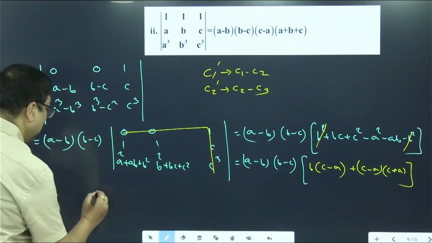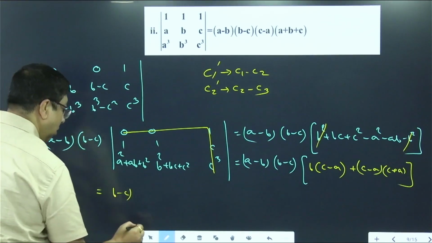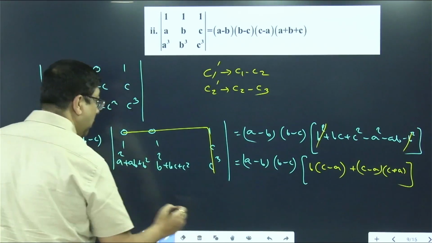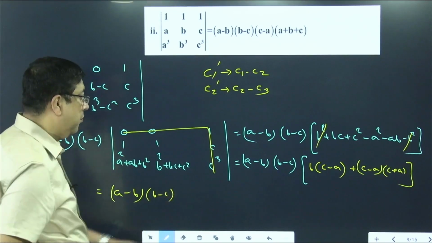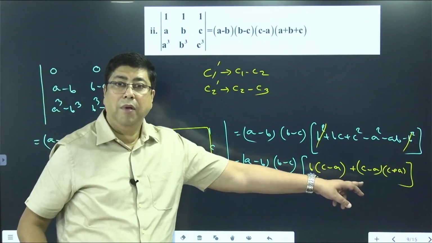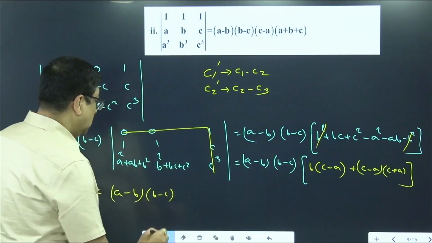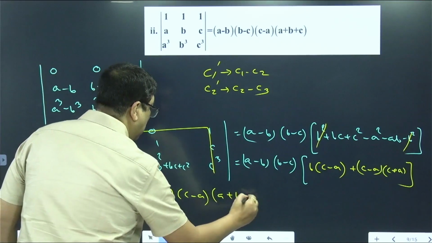If we calculate further, I am writing from the beginning, better: (a minus b) into (b minus c). Now c minus a is coming common, and we are getting a plus b plus c, and the sum is proved. So this is (c minus a) into (a plus b plus c).